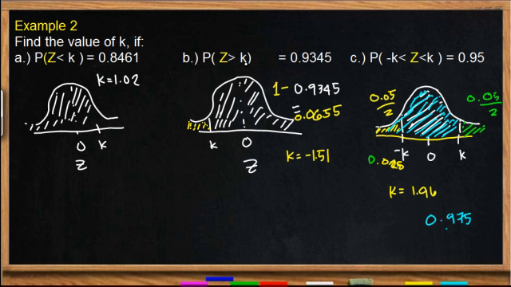So unsa ang k? Kung 0.9345 ang gihatag nga probability, kay greater than k man ni siya, and ang standard form is less than man dapat, so dapat atong pangitaon. So probability that z is greater than k is actually equal na siya sa 1 minus probability that z is less than k.